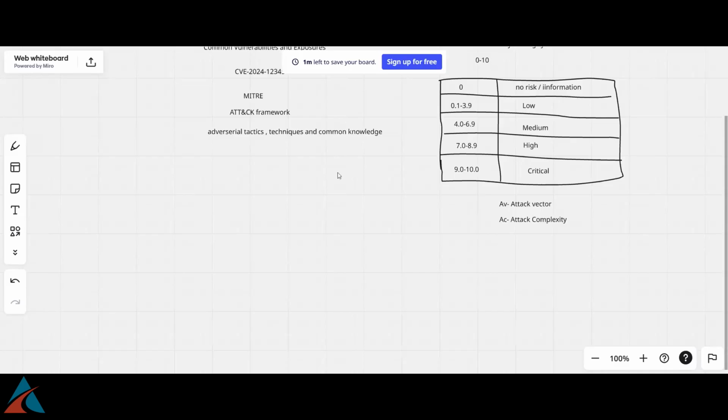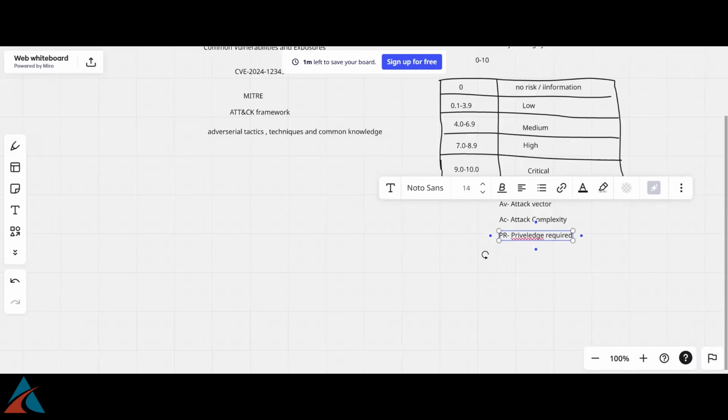Then there is the third thing called PR. PR means privileges required. Does the attacker already need to have an account? No. Can anyone exploit it? Depends. Is it low?